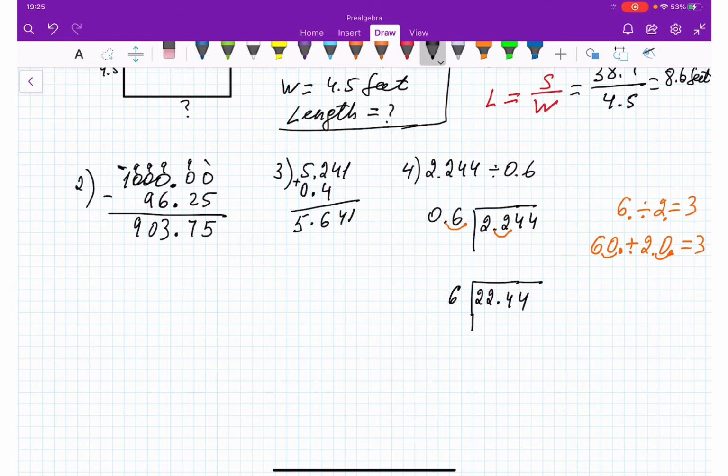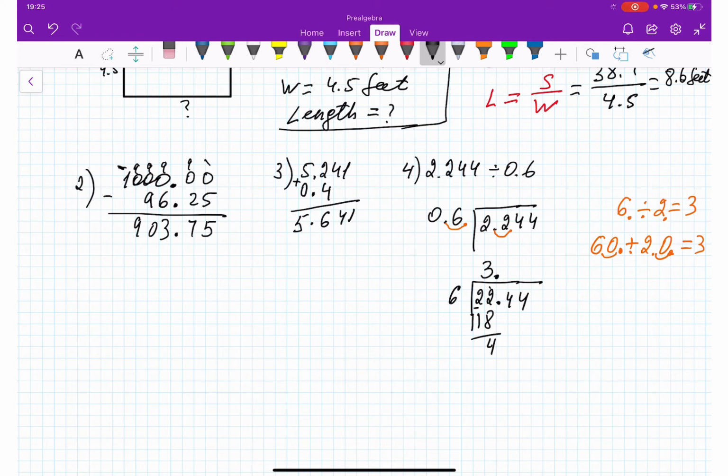All right, let's divide. 22 divided by 6, how many times will it fit? 3 times, right? 3 times 6 is 18. Okay, let's subtract. 22 minus 18 is 4, and we reached the decimal notation.